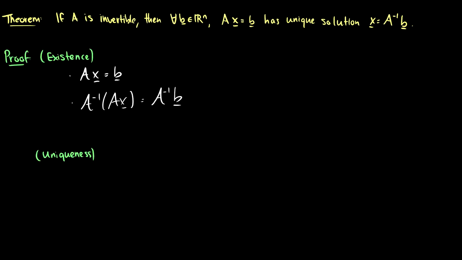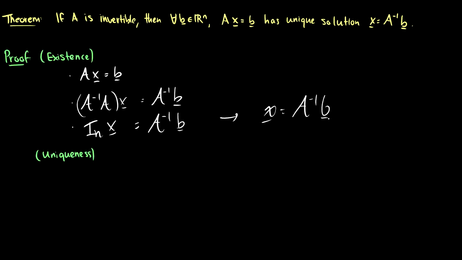So instead of A inverse times AX, we have A inverse times A, times X. We know A inverse times A is just the identity matrix, and this is equal to A inverse times B. And of course, the identity matrix times X is just X. So as a result, we have that X is equal to A inverse B.